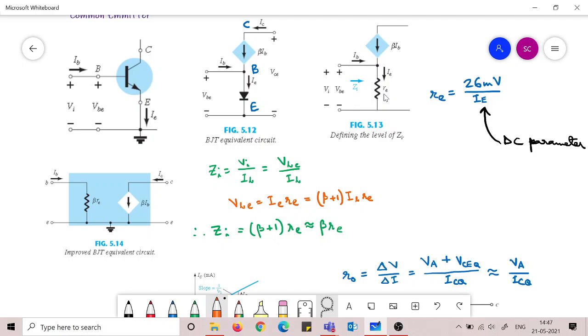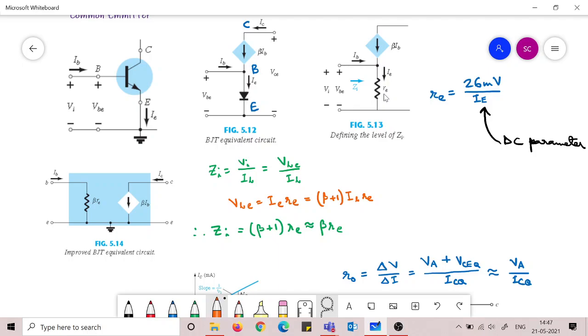Try to remember, in the common emitter configuration, the emitter resistance is reflected in the input side, scaled up by beta plus 1. This was very important. I also told you that time. So this r_e resistance is reflected in the input side as (beta plus 1) r_e.